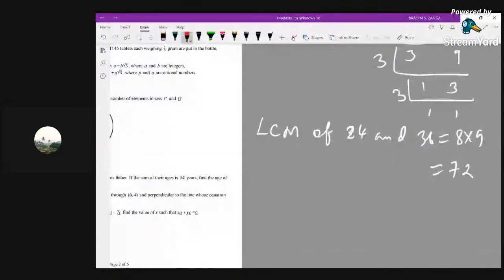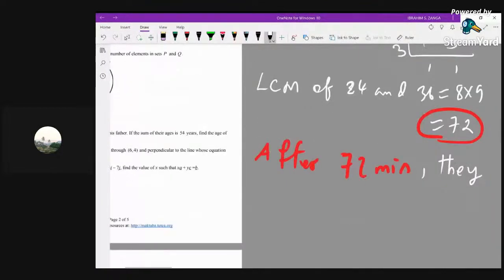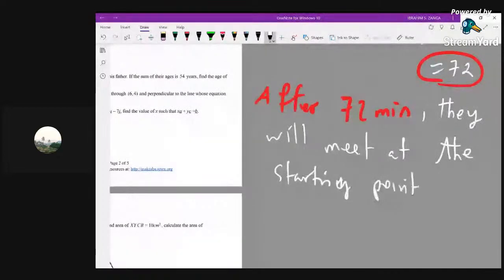So we are going to say that after 72 minutes, they will meet together at the starting point.